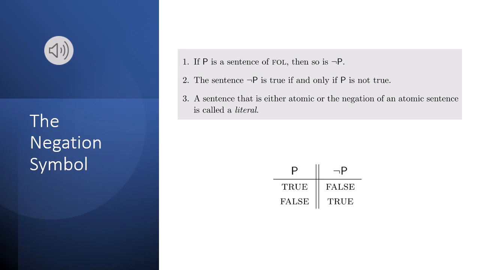If we have a sentence like an atomic sentence, then we can put this negation symbol out in front of that atomic sentence, and we obtain another sentence. In this case, it's not an atomic sentence any longer, but it is a complex sentence. And we can then use that sentence again in this definition. So, for example, negation P is a sentence, and so we could put another negation symbol out in the front.